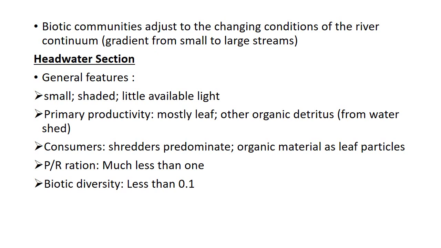Primary productivity is mostly organic detritus, mostly leafy, due to which the consumers are generally shredders and they depend on organic material such as leaf particles. The production over respiration ratio is much less than 1 and biotic diversity is also less in the headwaters as compared to the mid sections of the river.